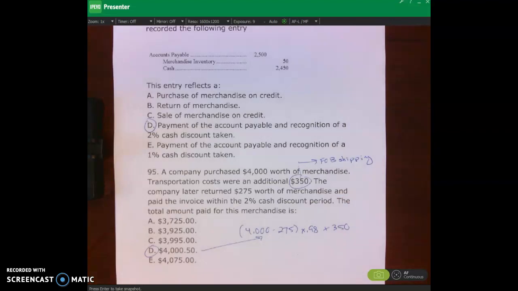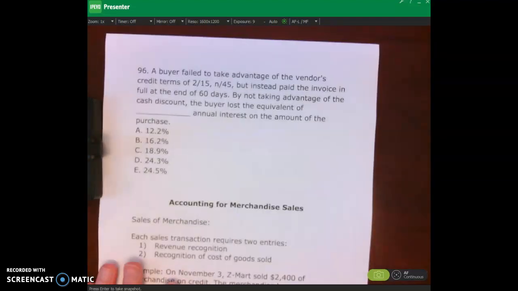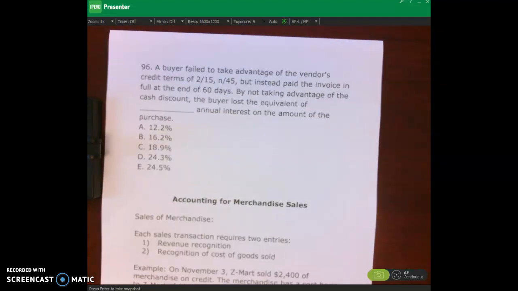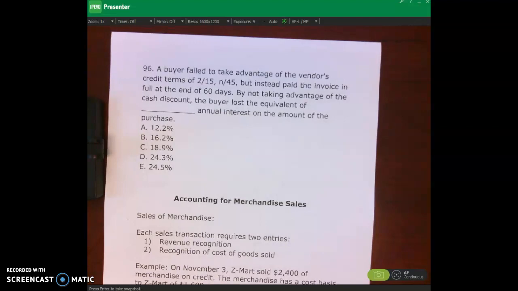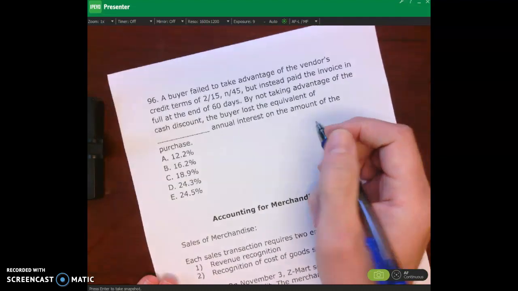All right. So let's do number 96 together, okay? So what this is saying, this is referring to our implied annual interest formula. All right. So let me write out our implied annual interest formula.